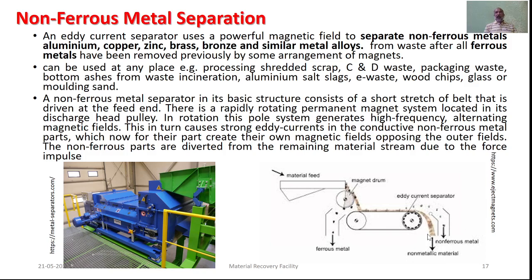This in turn causes strong eddy currents in the conductive non-ferrous metal parts, which now for their part create their own magnetic fields opposing the outer field. Thus, the non-ferrous parts are diverted from the remaining material stream due to the force impulse, and hence the separation of non-ferrous metal.